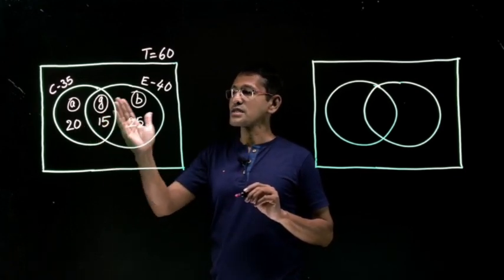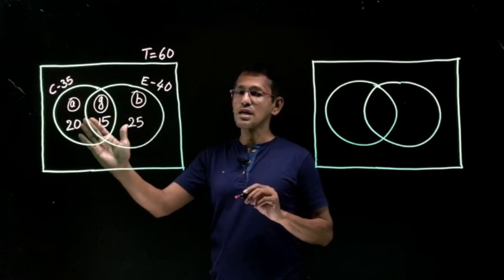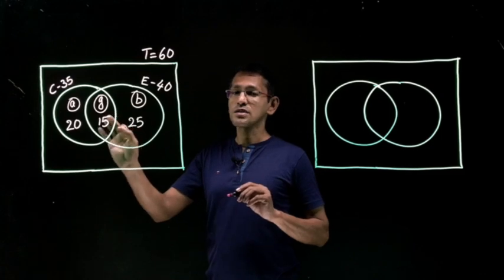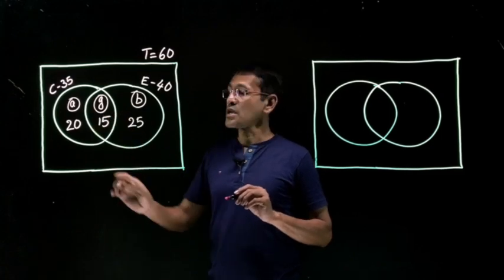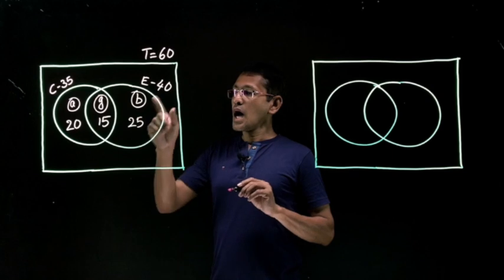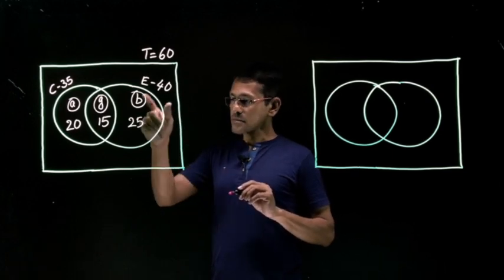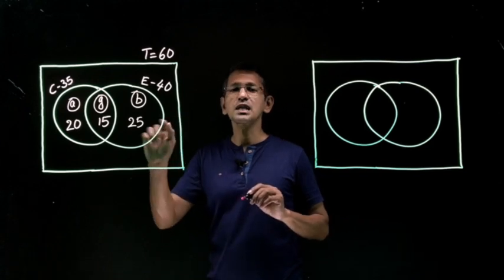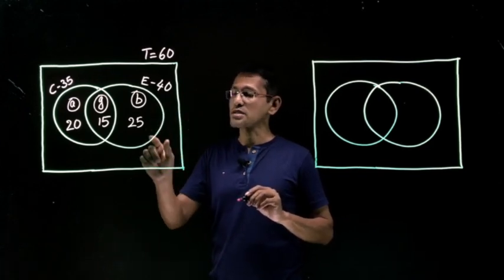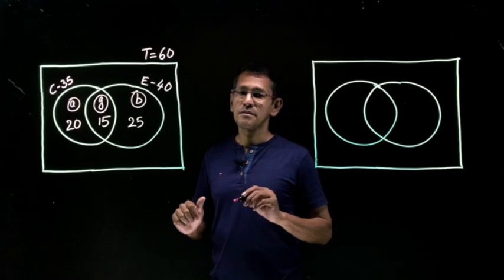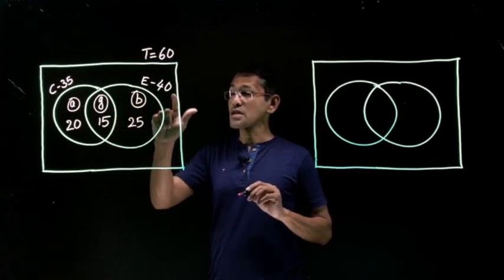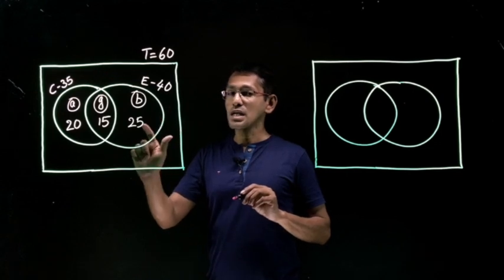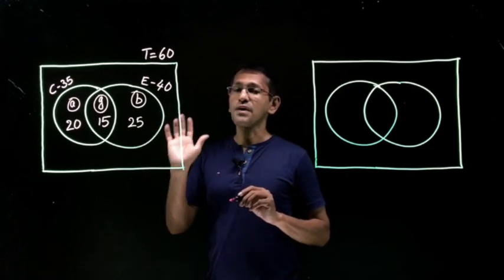They haven't passed in economics, they passed only in one subject, which is computer science. So we have 20. And economics, look at this B part. The number of students who passed only in economics, or exactly in economics, is 25. The total number of students who passed in economics is 40, but the number who passed only in economics is 25.